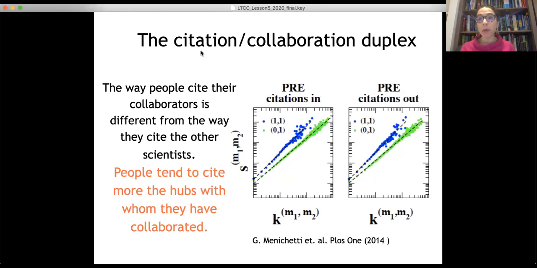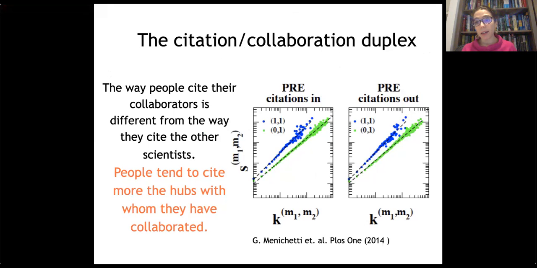So what we have done is we have focused on a very large data set of a citation and collaboration duplex network, in which authors cite each other and collaborate with each other. We have considered the multi-strand versus the multi-degree, for multi-links with link overlap.